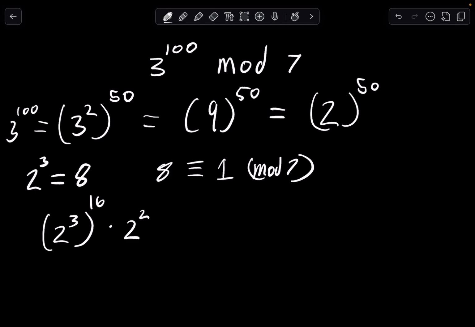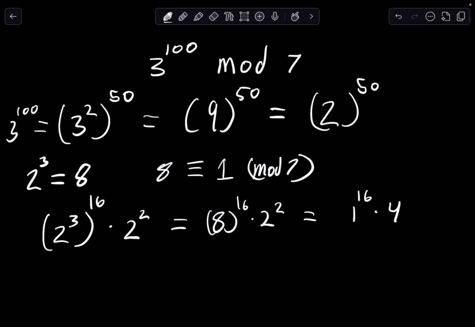So now that we have this, recall that this equation is actually equal to 8 to the 16 times 2 squared, which is congruent to 1 to the 16 times 4. Okay? Because you recall, the 8 is congruent to 1 in mod 7.